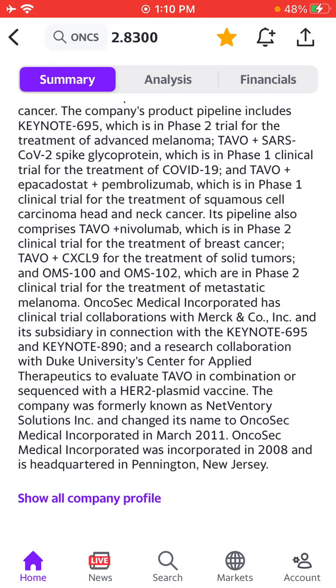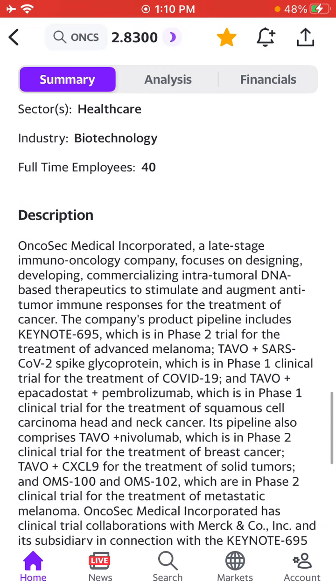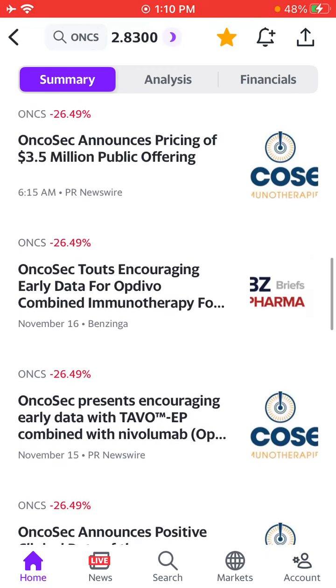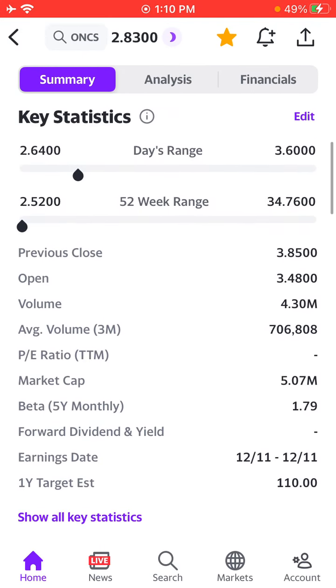Okay, so yeah, it says in the last sentence it's headquartered in New Jersey, so this should be a US stock.